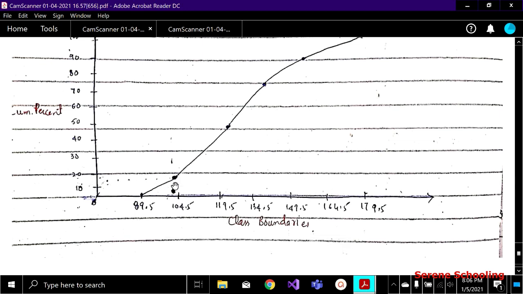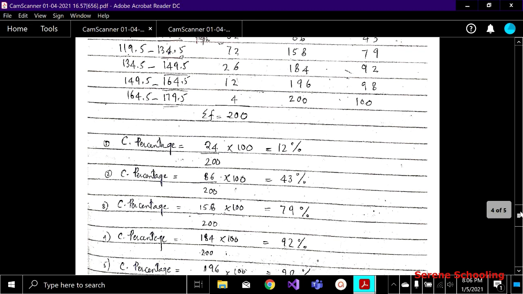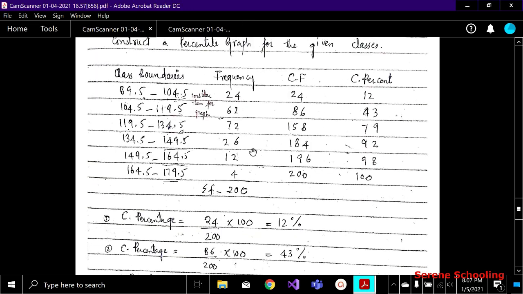Somewhere over here is 12, right? It is not the exact graph, but it is just going to give you the concept. So you can see that I am marking it on the upper class boundary. You have to remember this, it is very important, otherwise your graph can be wrong. So I have marked this one.